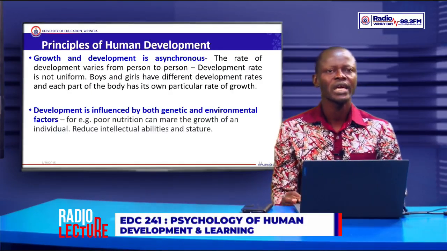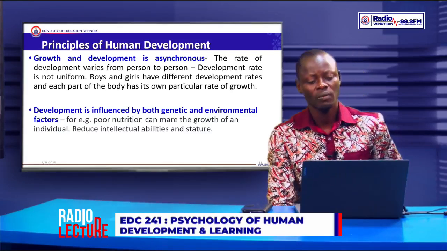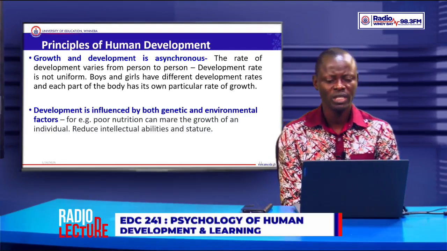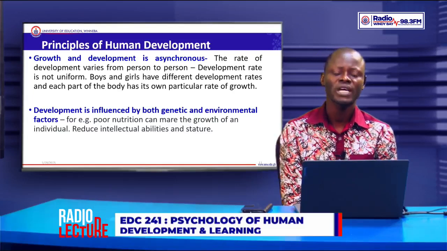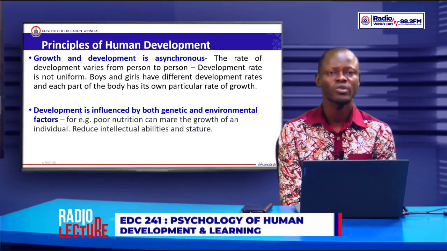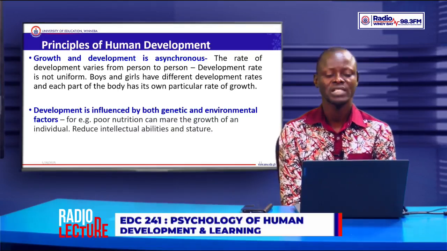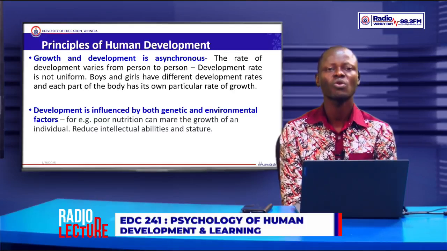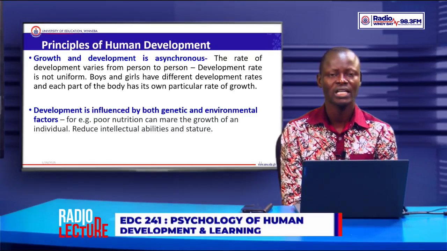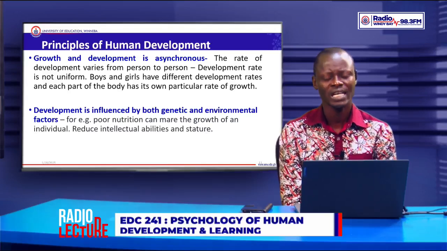The next principle of growth and development is that growth and development is asynchronous, which means that the rate of development varies from person to person. Development rate is not uniform, which means that boys and girls have different developmental and growth patterns, where we always see that girls will grow and develop faster than boys.